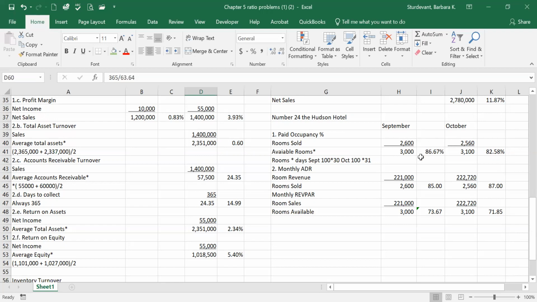So September, we were 86.67% filled. October, we had single rooms of 950, double of 1610, so a total of 2560. We have available 100 rooms for 31 days. And so our occupancy for October has decreased.